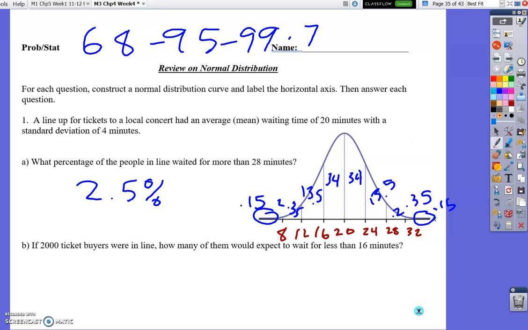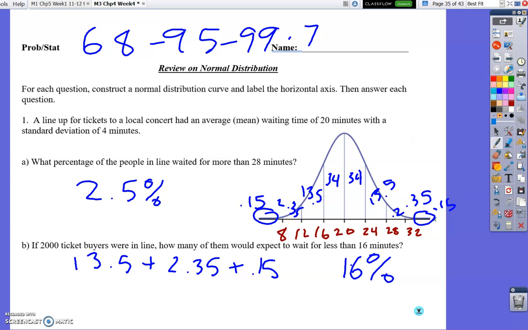If 2,000 ticket buyers were in line, how many of them could expect to wait for less than 16 minutes? So less than 16 minutes is 13.5 plus 2.35 plus 0.15, which is 16%. This is where it gets a little tricky. So some of these problems aren't quite as straightforward as the ones we were practicing before.